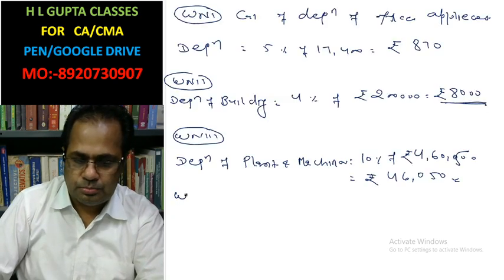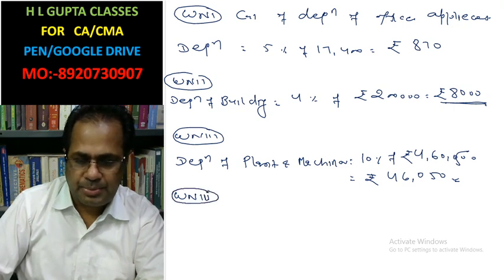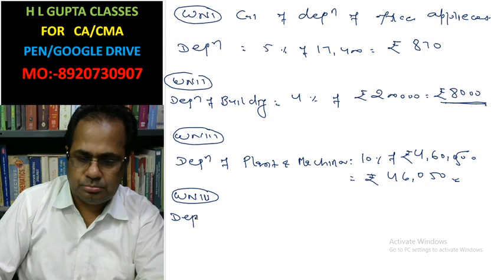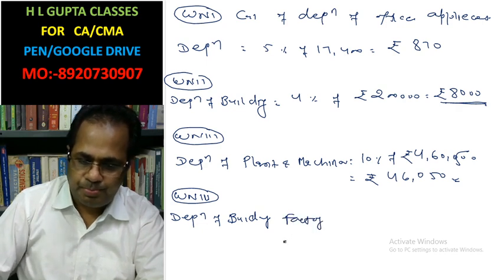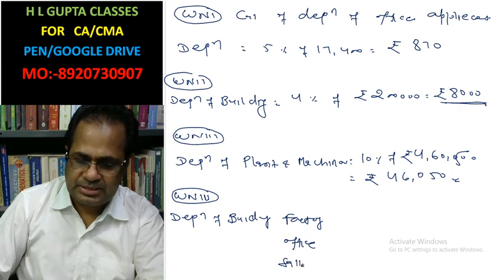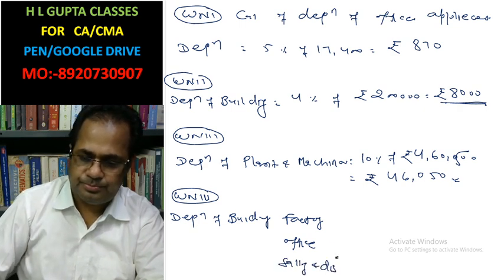Working note 4. Depreciation of building: factory, office, selling and distribution.